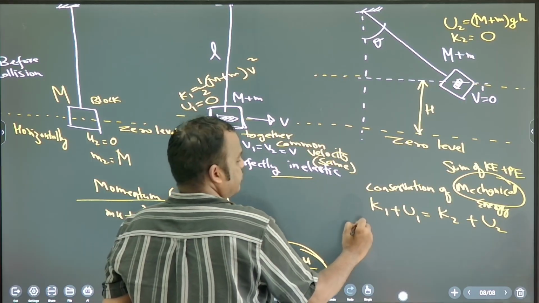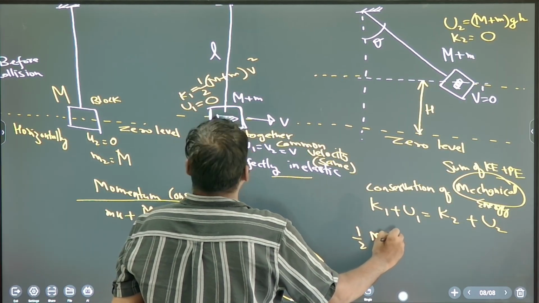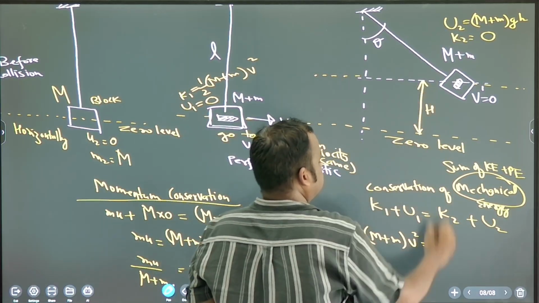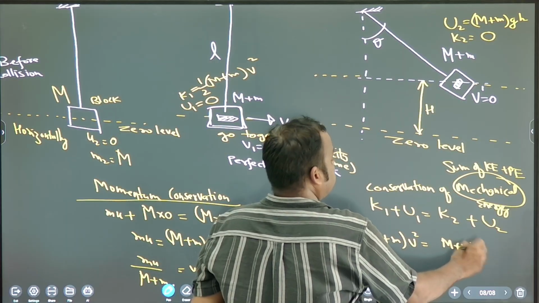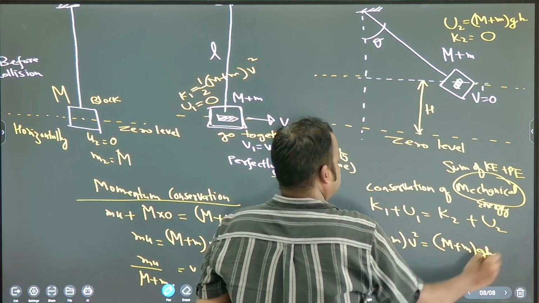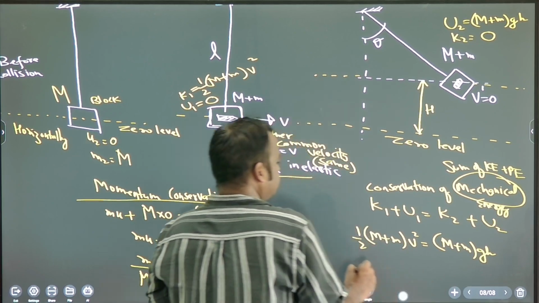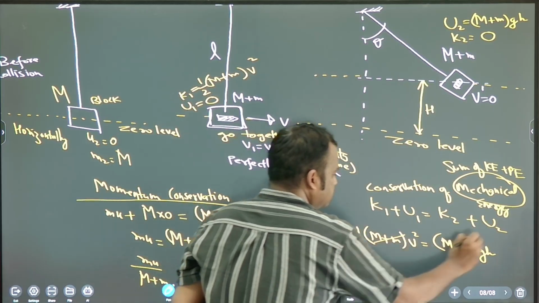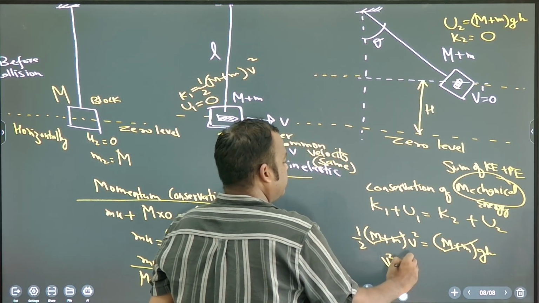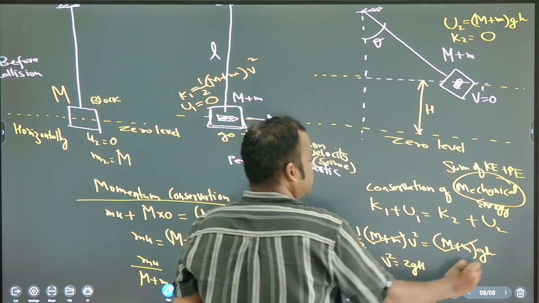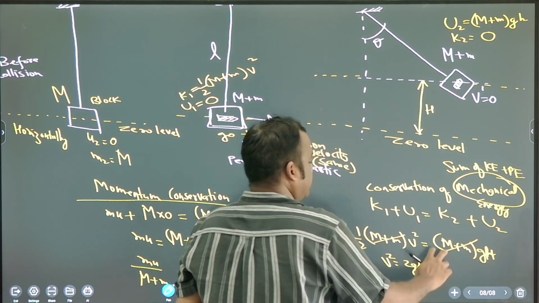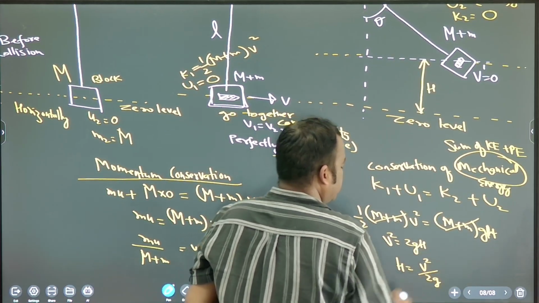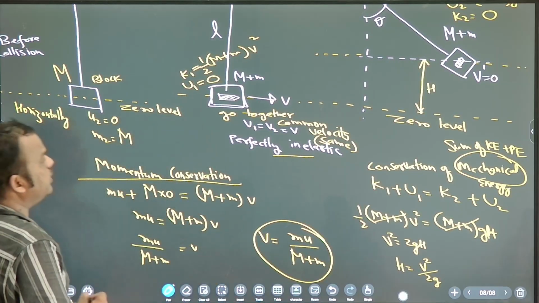So half (M plus m) V square is equal to (M plus m) gH. So V square will be 2gH, so you have H is equal to V square by 2g.